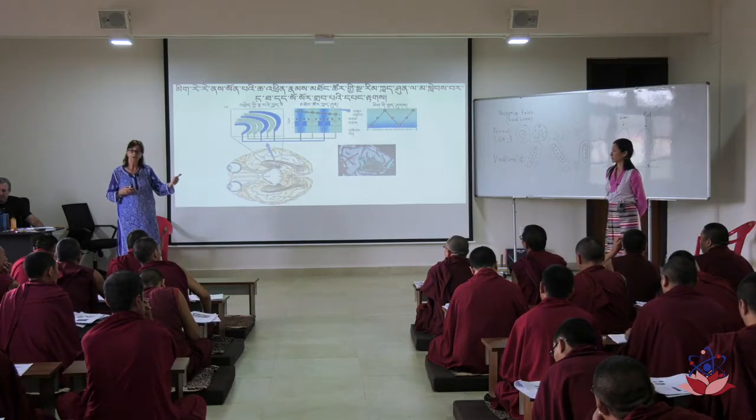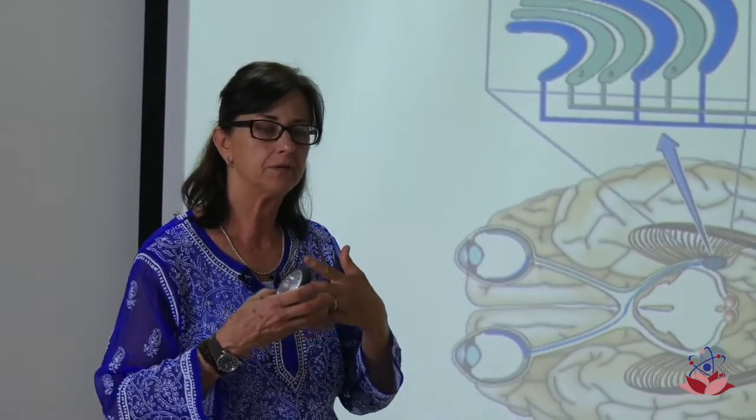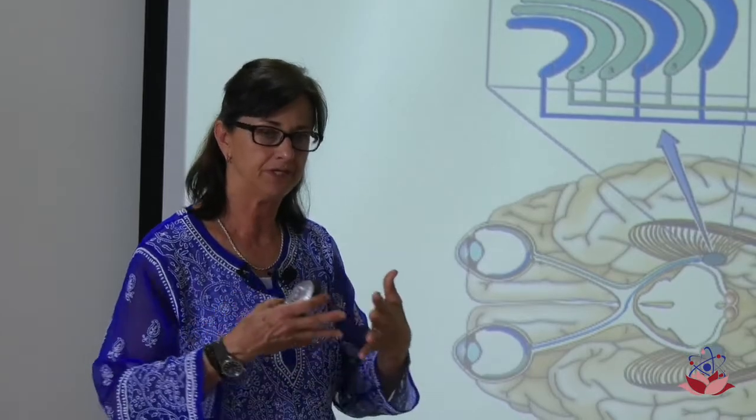So in addition to color and shape or orientation, our visual system is constantly processing information about depth.